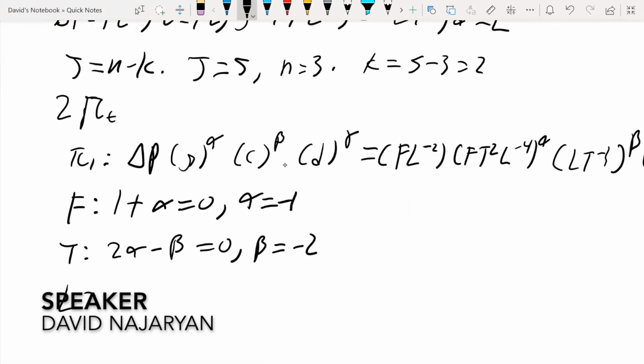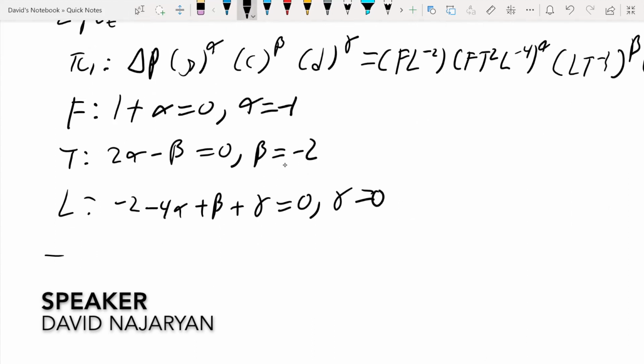And for length, we have -4 alpha plus beta plus gamma equals 0, where gamma equals 0, which gives us our first pi term. So pi 1 equals change of pressure over rho c squared. And again, we could just put d to the power of 0, which is 1.